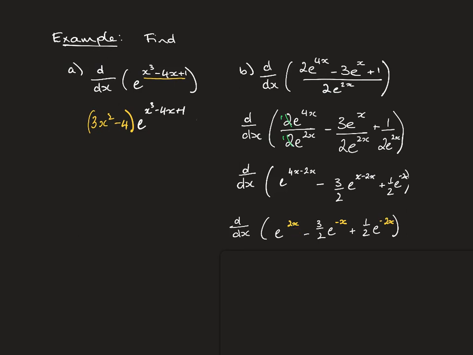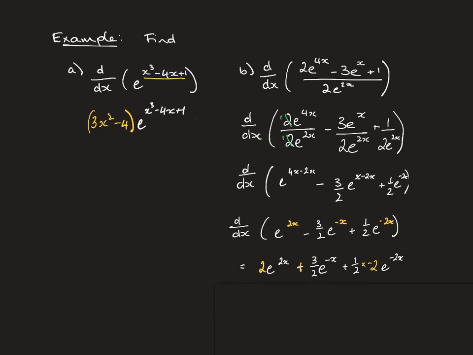So e to the 2x, 3 over 2 e to the minus x, and a half e to the minus 2x. And so we're going to find the derivative of these exponential functions, it's the derivative of the power times by e to whatever the power was. And so when we do that, this is what we get.